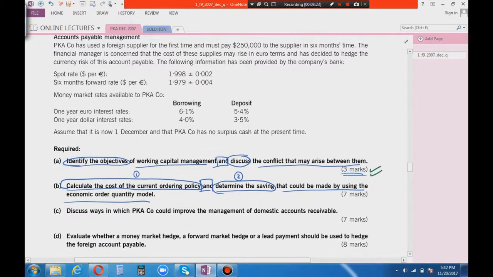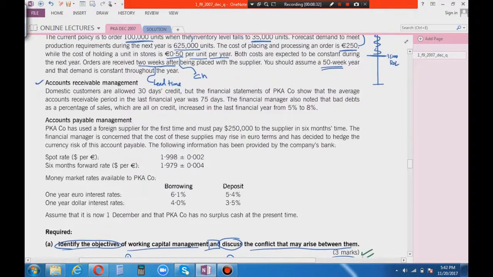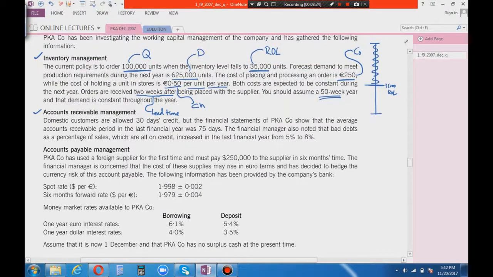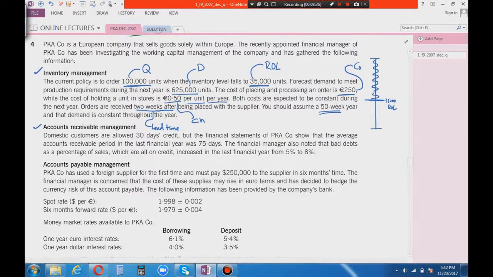The requirement was, in part A we have done already, calculate the cost of current ordering policy. So let's solve this question now.